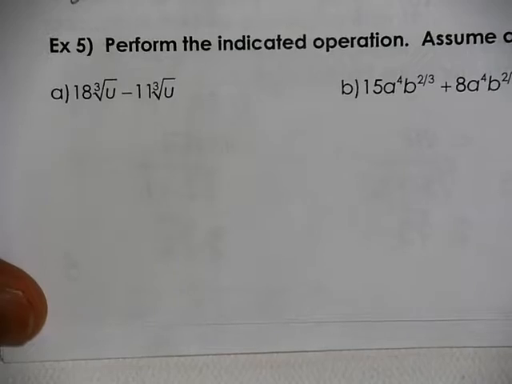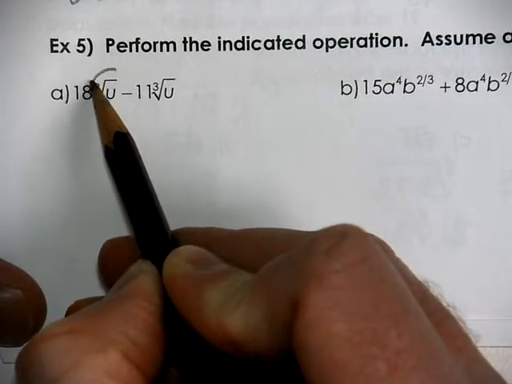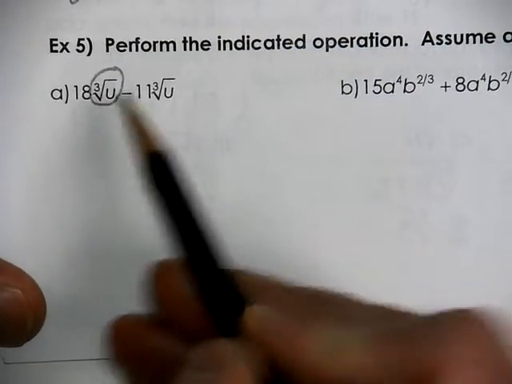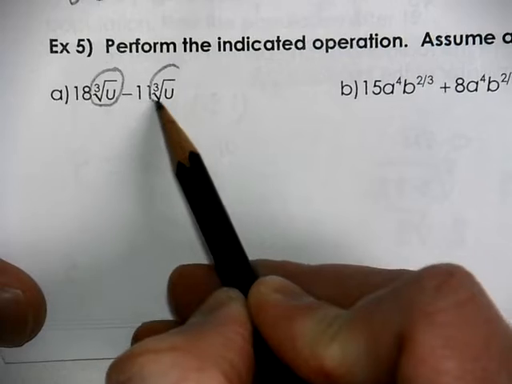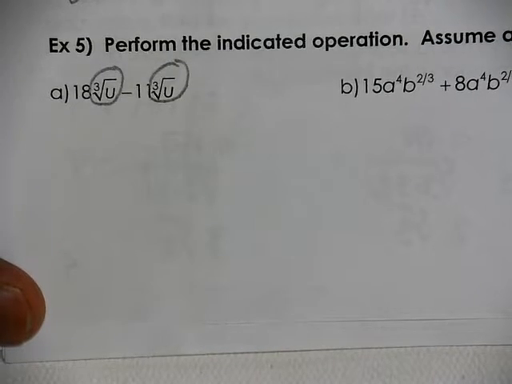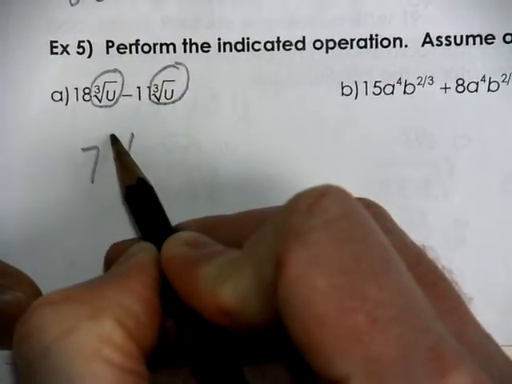So our last examples. Here notice that we have the cube root of u, we have the cube root of u. So you could almost call that 18x minus 11x. You have 18 of something minus 11 of the same something, so you can call this 7 of that something.